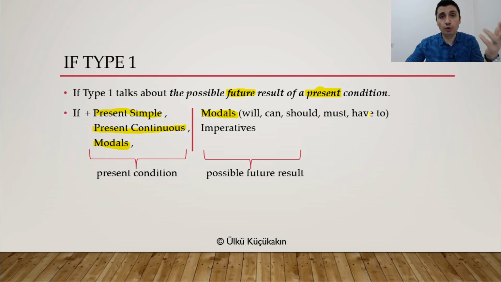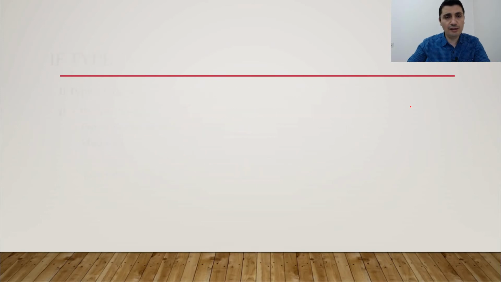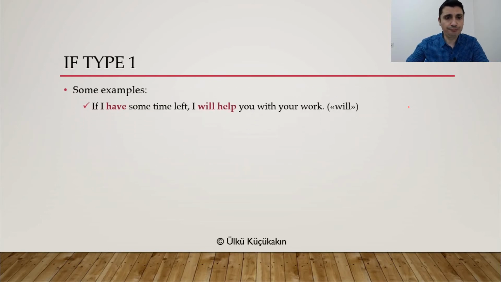You usually have modals in your main sentence. Sometimes, again, you can have imperatives. Now here, the important thing is, if gives the present condition or sometimes maybe a future condition, but your main sentence, your real sentence, gives the possible future result. Let's give some examples.